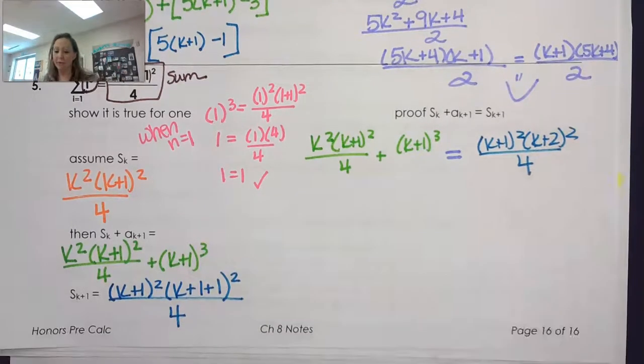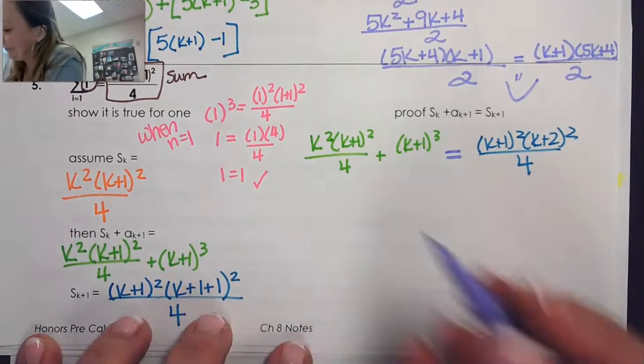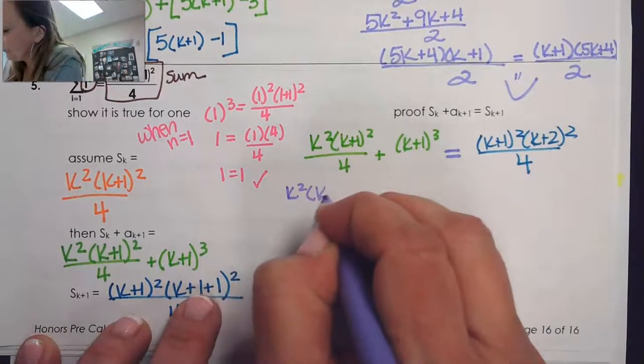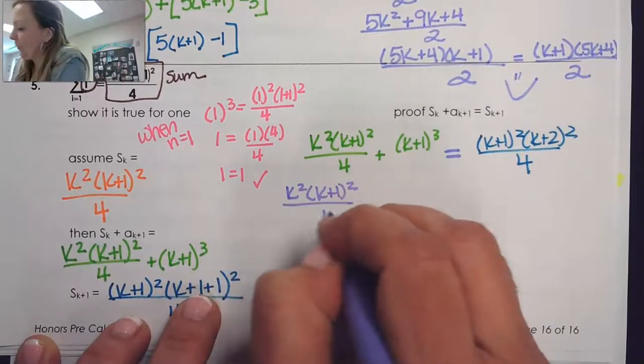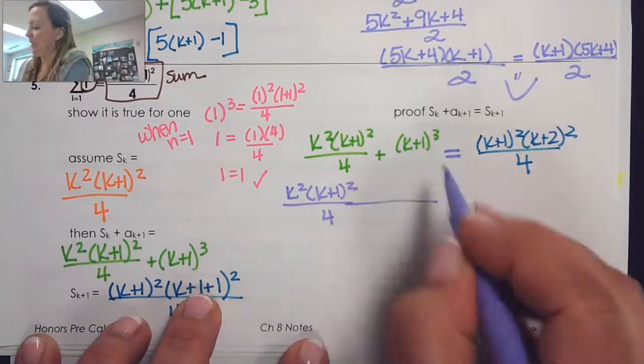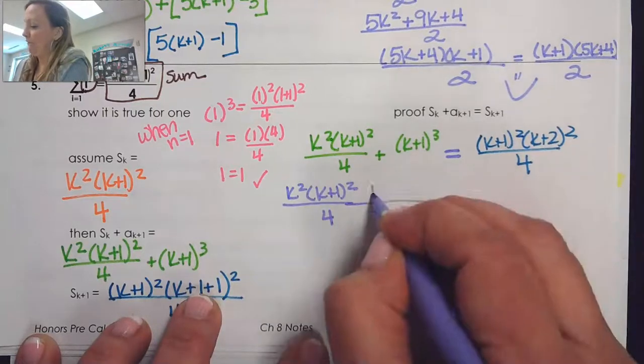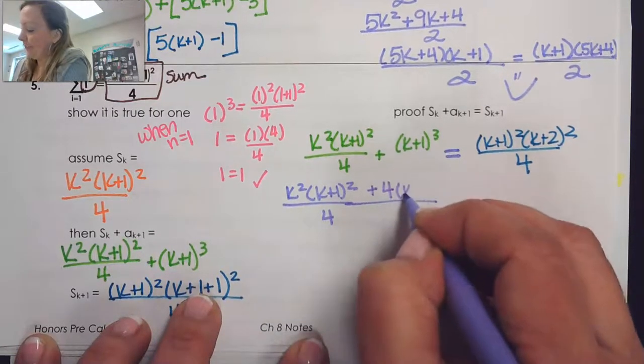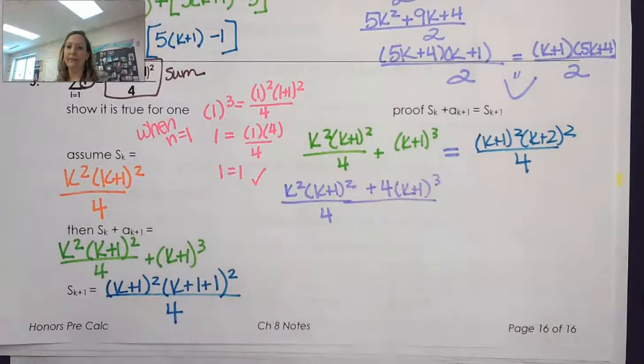Okay, so the first thing that we'll want to do is maybe make a common denominator. And so I'll need to multiply this k plus 1 cubed by 4 in order for me to get that and combine the numerators over one denominator.